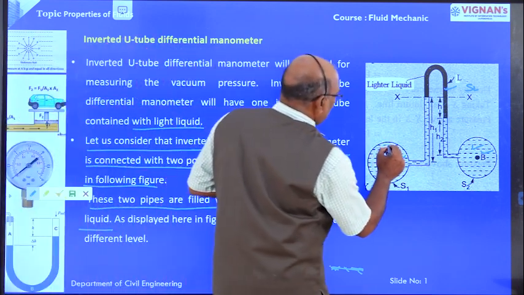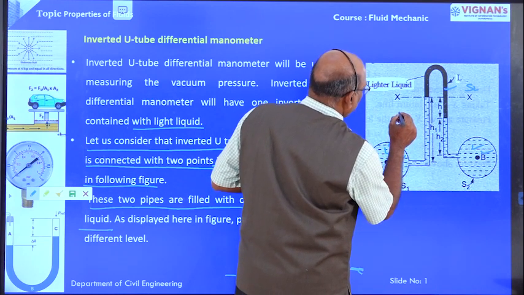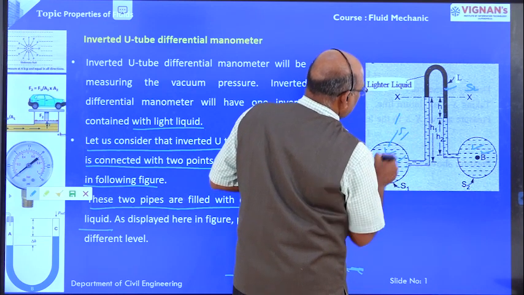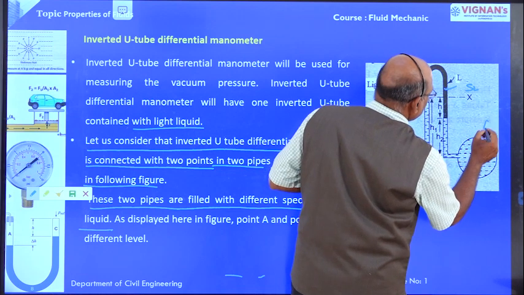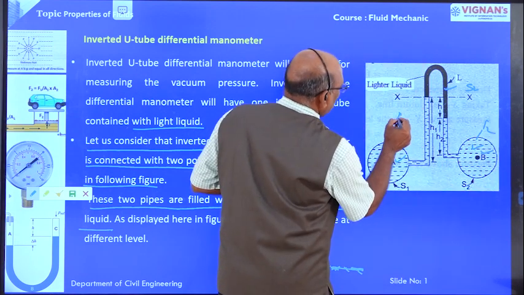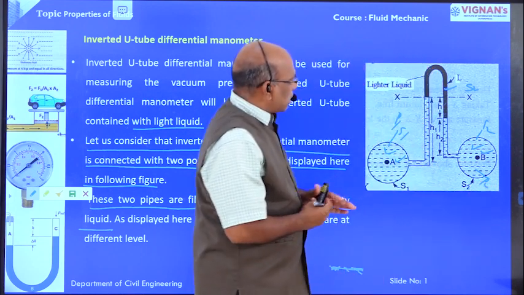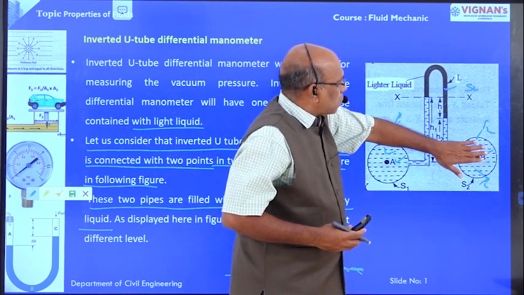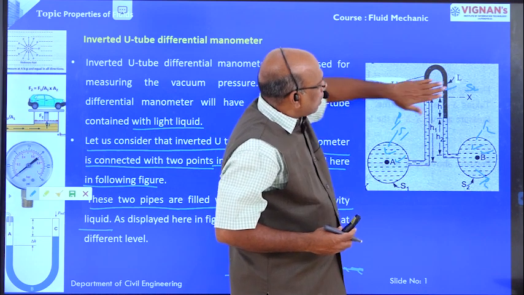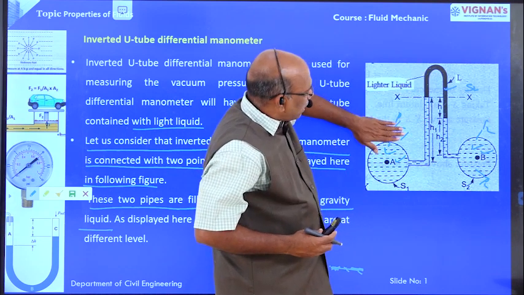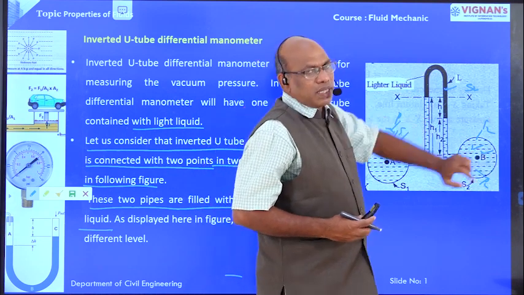The specific gravity of the liquid is S1, and the specific gravity of the other liquid is S2. The density of the liquid is rho 1 and the density of the other liquid is rho 2. That means these are different liquids, so the density is rho 1 and rho 2, and the specific gravity is S1 and S2.